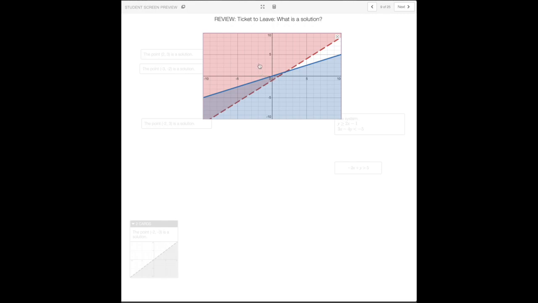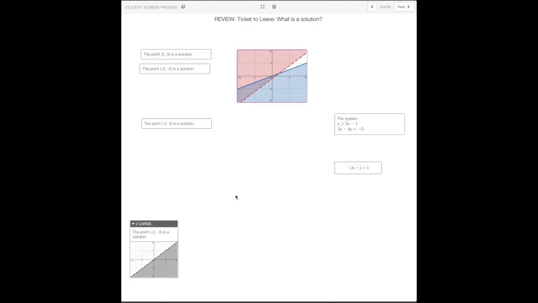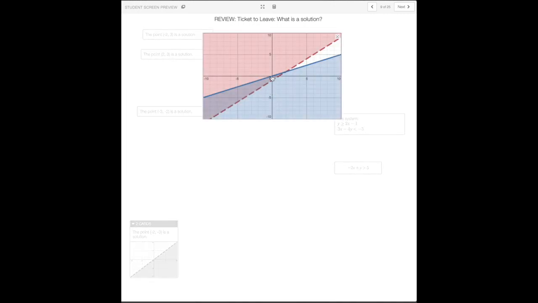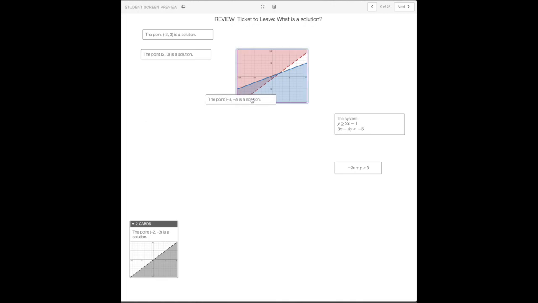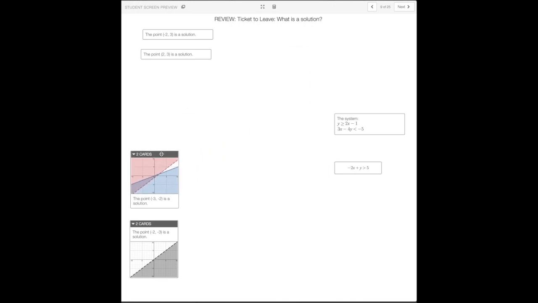Okay, I'm only in my red shaded region. I'm not in my blue, so it's not this one. Here, I like to move it up. All right, let's try (-3, -2). Let's see, does that one work? 1, 2, 3, 1, 2. Oh, look, it puts me there. Okay, so this is it. You can check the other one. You know it won't work.